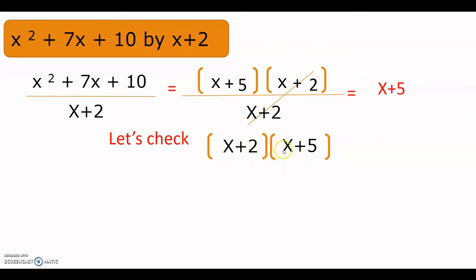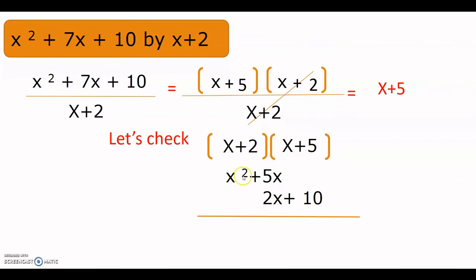So x times x is equal to x squared and x times 5 is equal to 5x. And then 2 times x is equal to 2x. We align together 5x and 2x because they are like terms. So 2 times 5 is equal to 10.